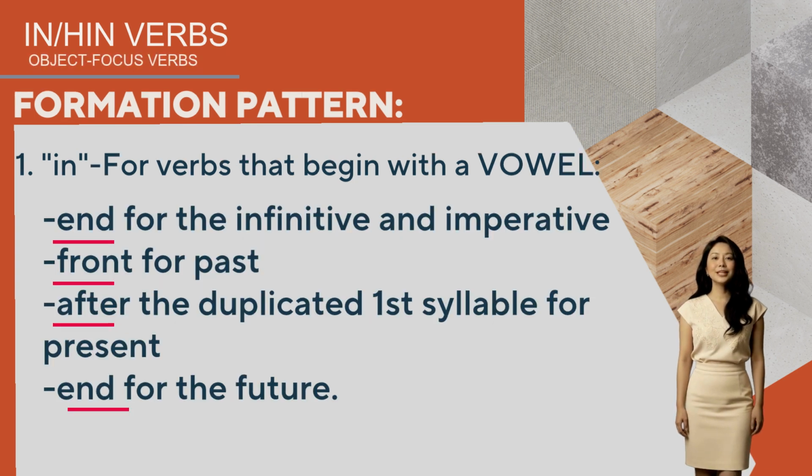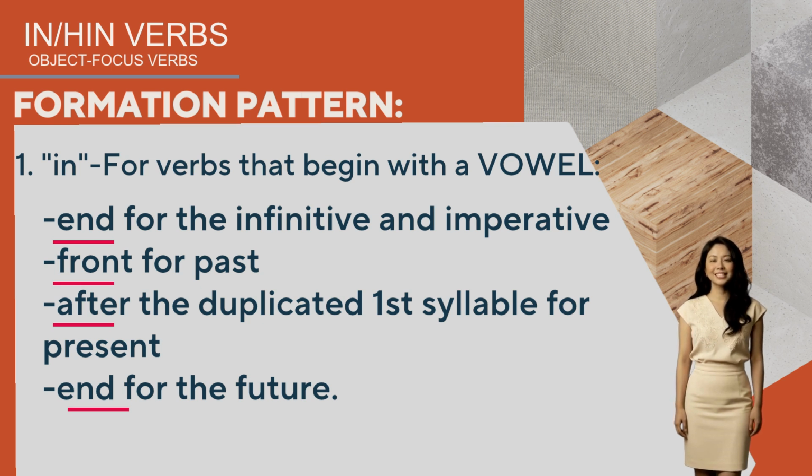So remember this. For verbs that begin with a vowel, the placement of in changes according to the form and tense. Here's the pattern in the clearest way. End for the infinitive and imperative forms, front for the past, after the duplicated first syllable for the present, and end for the future.